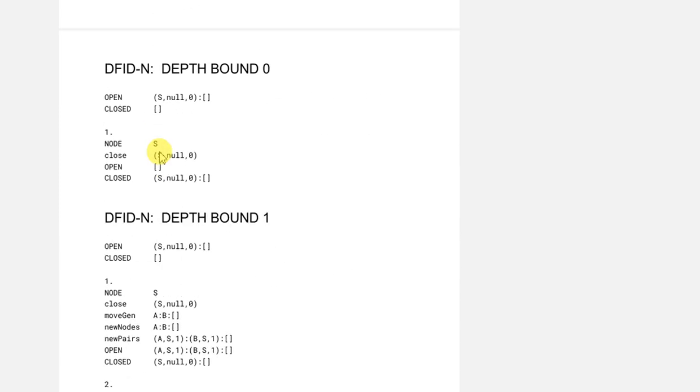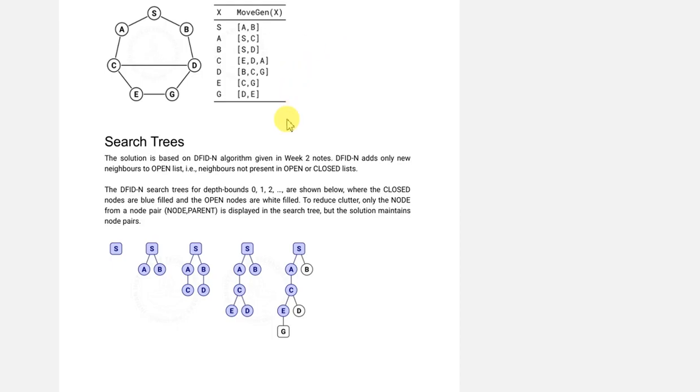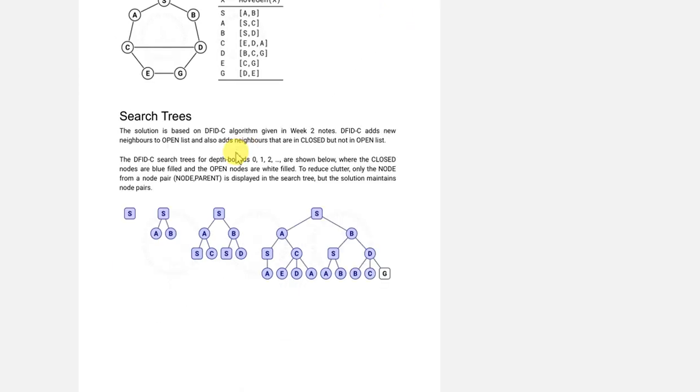This is DFID-N, which we call N bound or level. DFID-C is a different thing, where the solution is based on the DFID-C algorithm. It adds new neighbors to the open list and also adds neighbors that are closed but not in the open list.